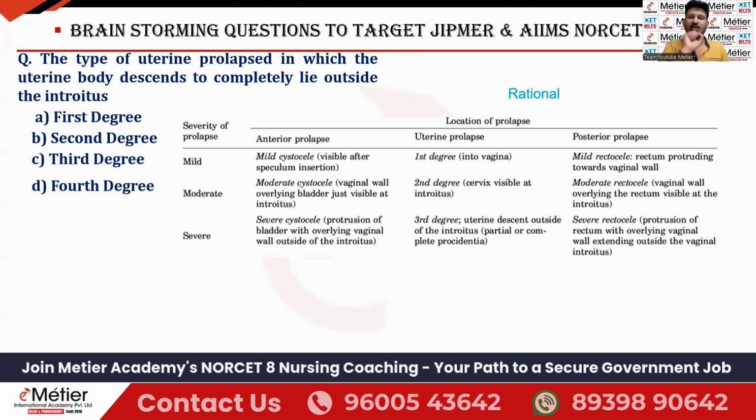The options are first degree, second degree, third degree, or fourth degree. The right answer is option C, third degree. Completely descending uterine body means third degree. You can see the location of the prolapse, and just below it the term uterine prolapse is mentioned.